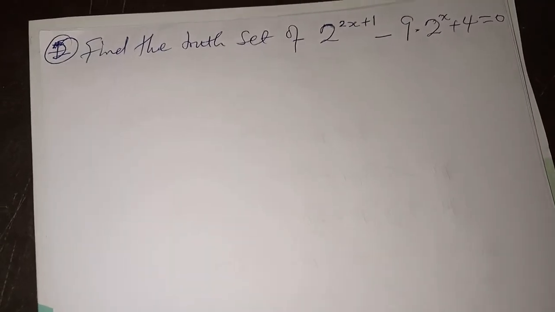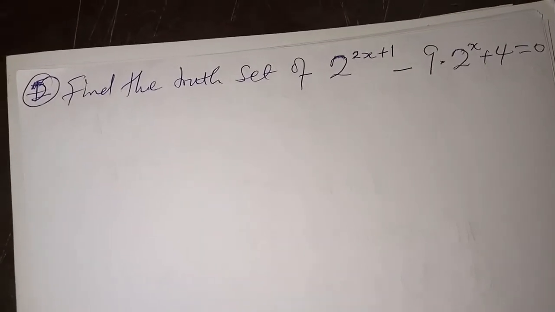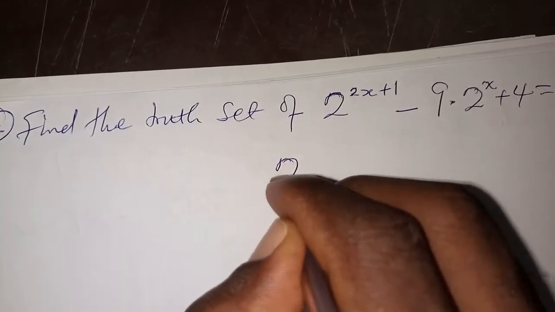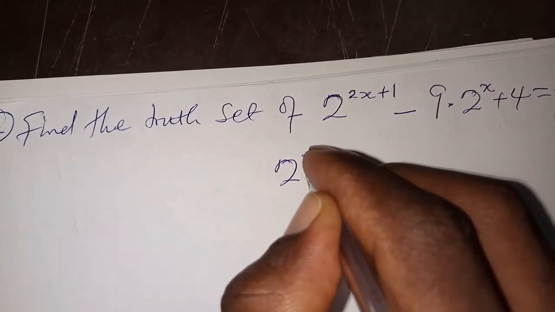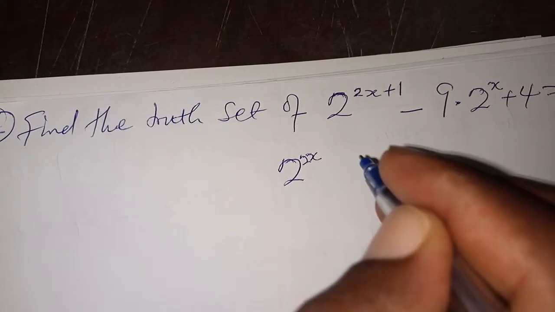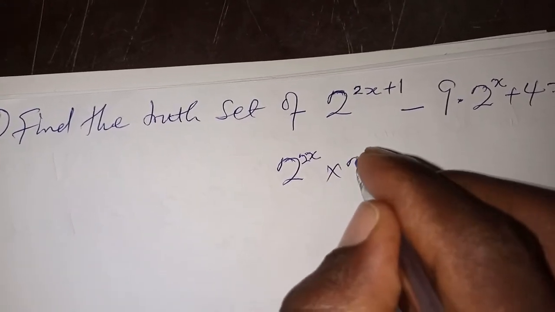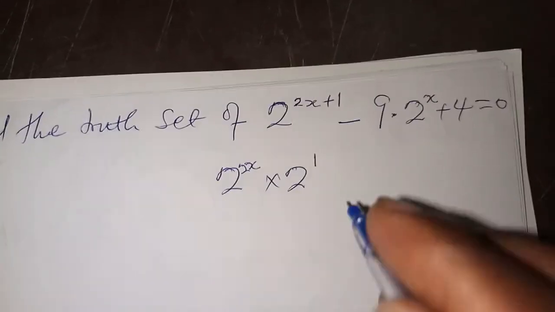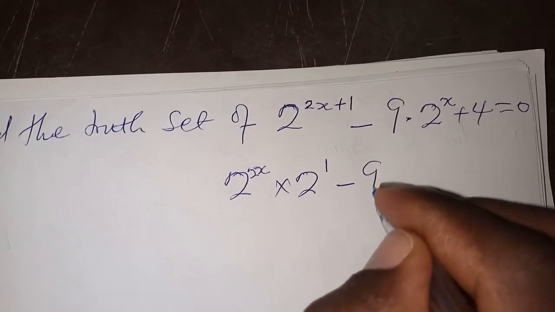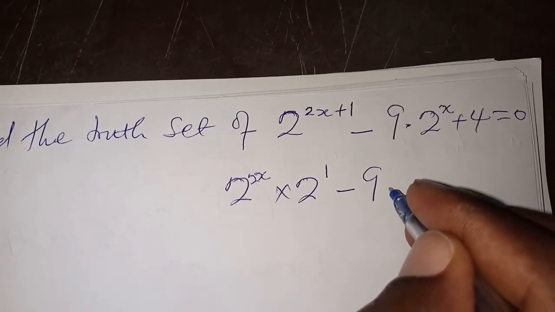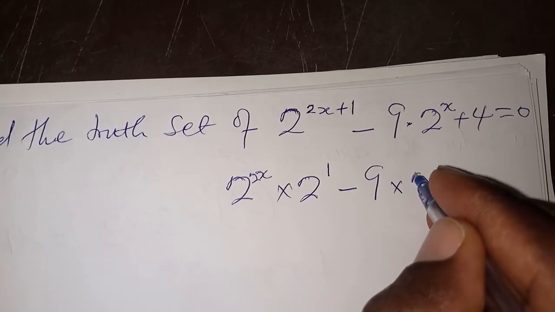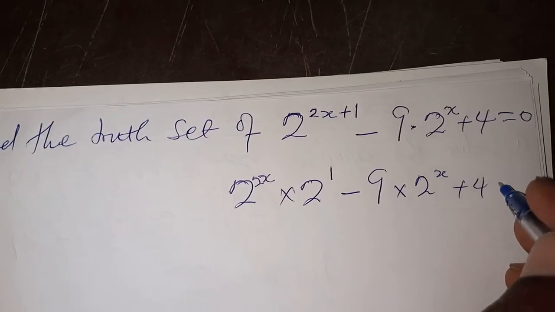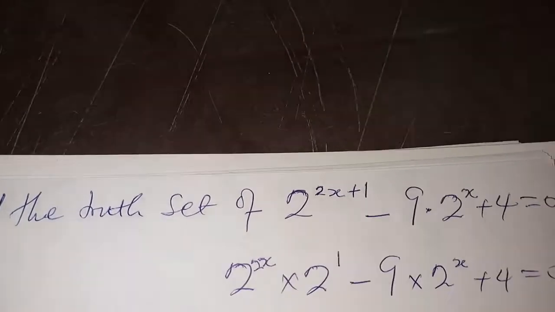We just go ahead and break it down. Therefore, we are going to have 2^(2x) first times 2^1. Remember law 1 of indices, minus 9 times 2^x plus 4 equal to 0. Good.